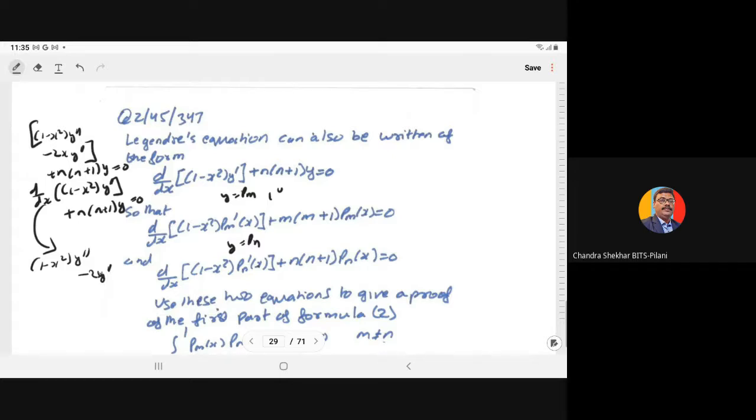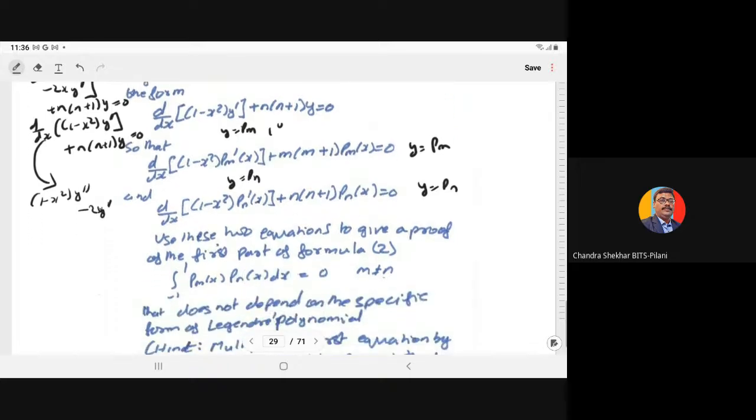So we can write d/dx of ((1 − x²)Pm'(x)) plus m(m + 1)Pm(x) equal to 0, and d/dx of ((1 − x²)Pn'(x)) plus n(n + 1)Pn(x) equal to 0. Here we put y equal to Pm and here y equal to Pn, the Legendre polynomials of order m and order n.